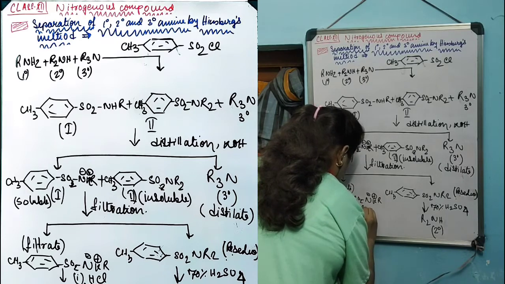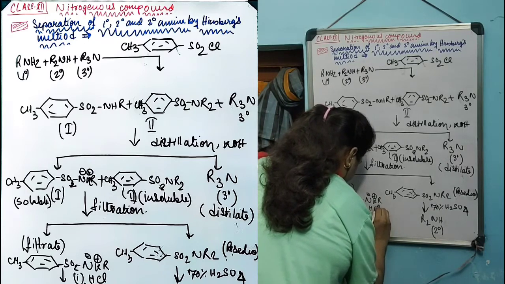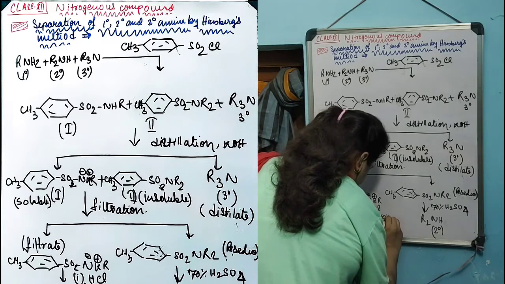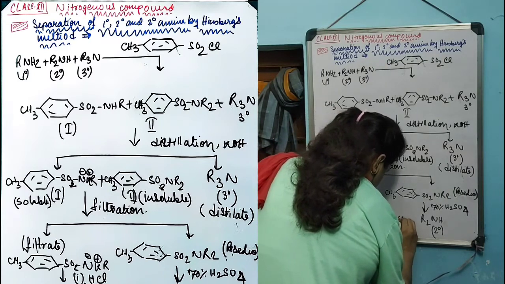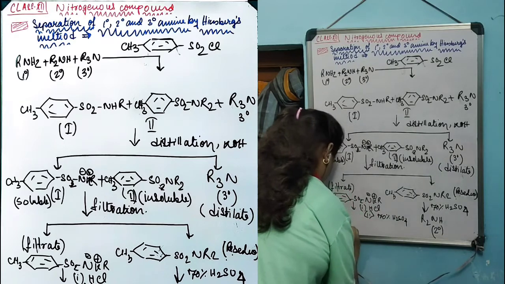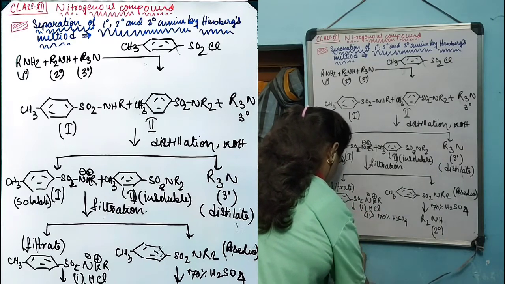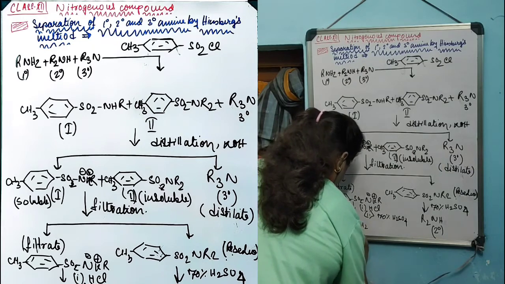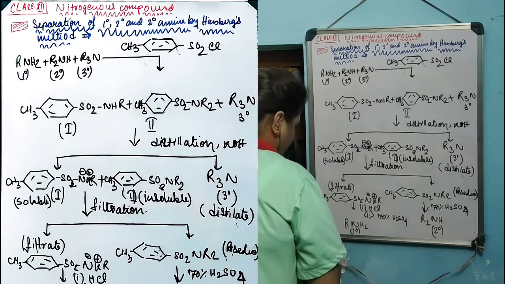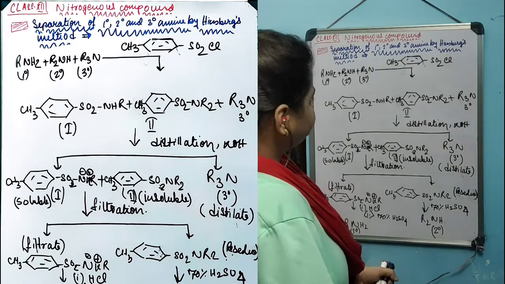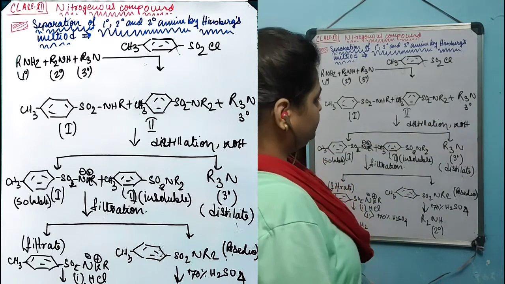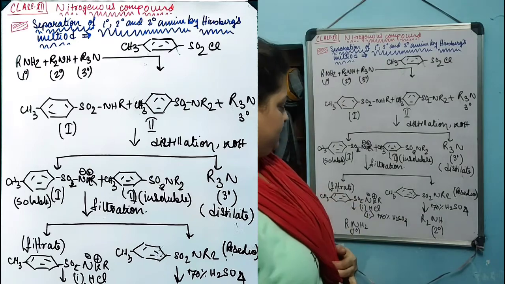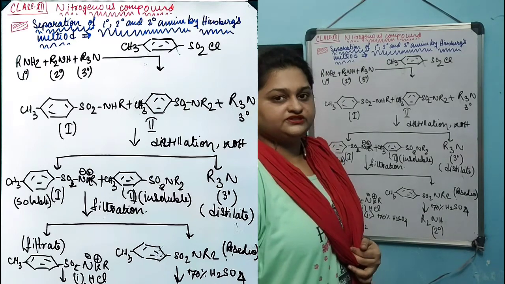When this is subjected to HCl and then hydrolyzed with 70% H2SO4 solution, RNH3, the 1-degree amine, will be separated out. And that's how 3-degree amine can be separated out, followed by 2-degree amine, and then finally 1-degree amine can also be separated out.